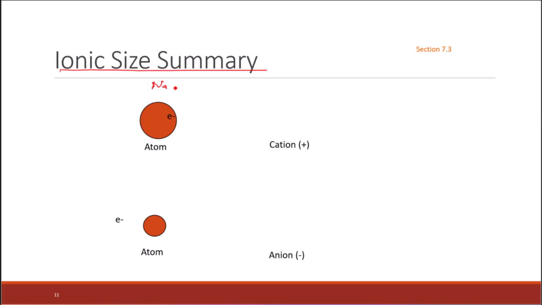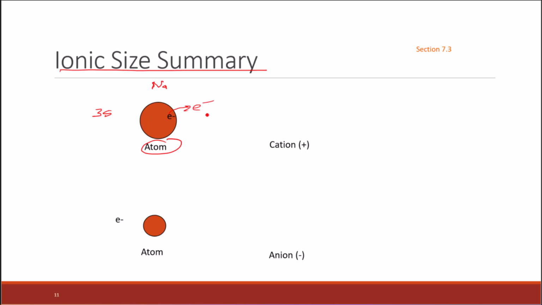We use it a lot for this. This is sodium metal or sodium atom. Now, sodium has 1 valence electron, and let's say it gives up that electron in its valence shell, and that valence shell is a 3s subshell.